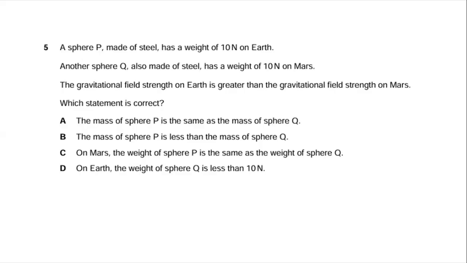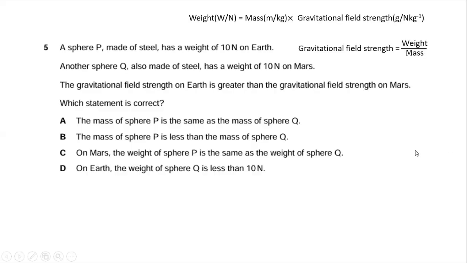Fifth one. Sphere P made of steel has a weight of 10 Newton on Earth. Another sphere Q, also made of steel, has a weight of 10 Newton on Mars. The gravitational field strength on Earth is greater than on Mars. Which statement is correct? We know weight is equal to mass into gravitational field strength, with weight in newtons, mass in kilograms, and gravitational field strength in Newton per kilogram.